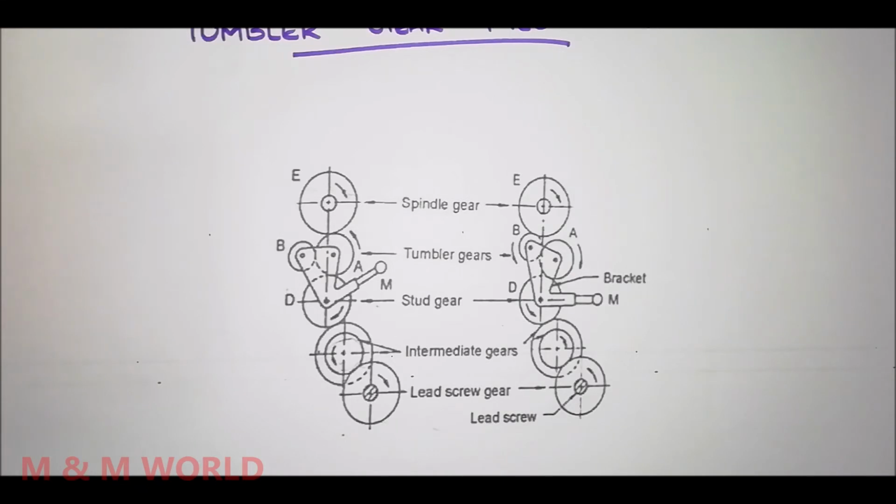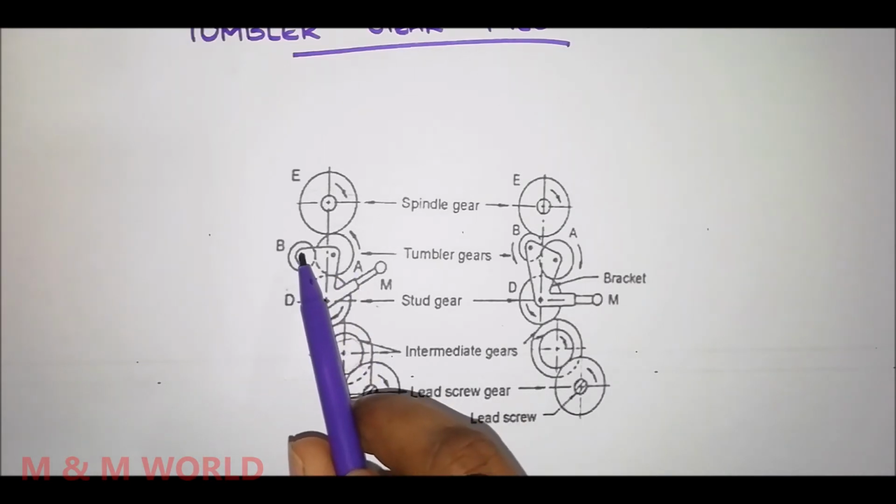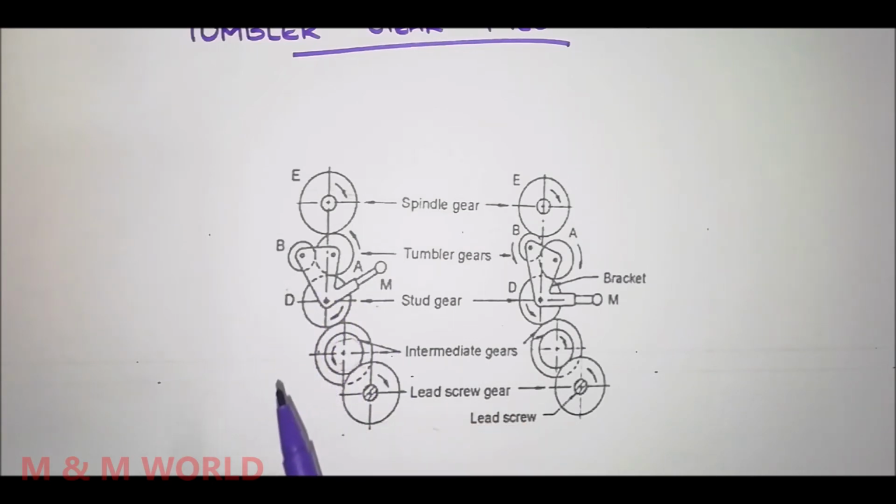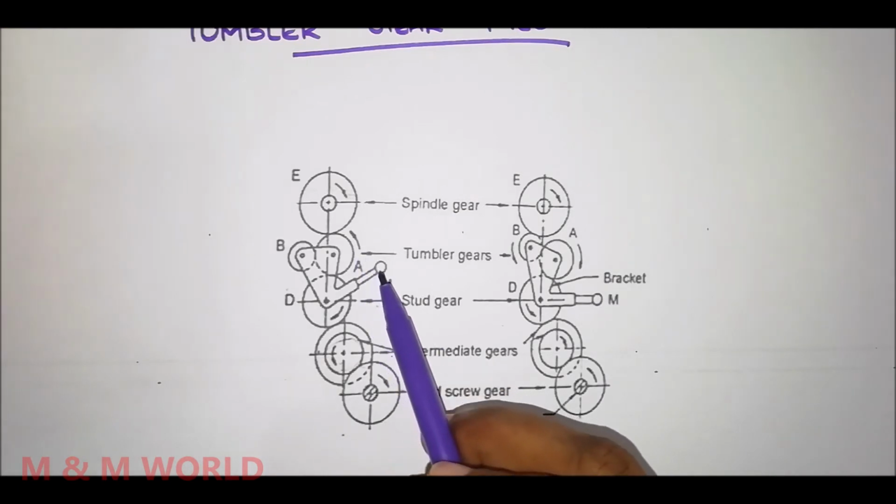The tumbler gear comprises of two pinions mounted on a bracket, and the bracket is pivoted above a shaft. So you can see two pinions and a bracket, and bracket is pivoted. The design provides three positions of the bracket, that is upward, downward and neutral.